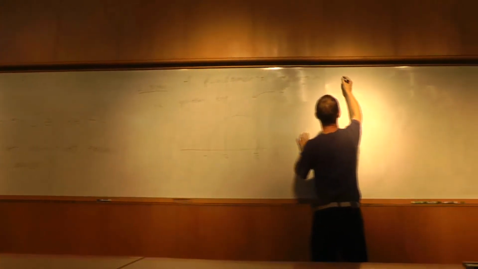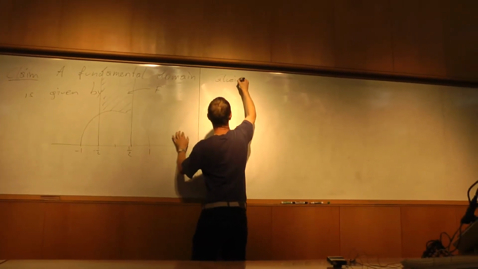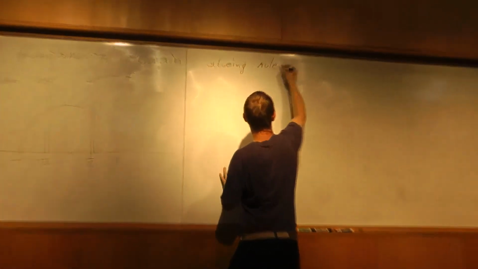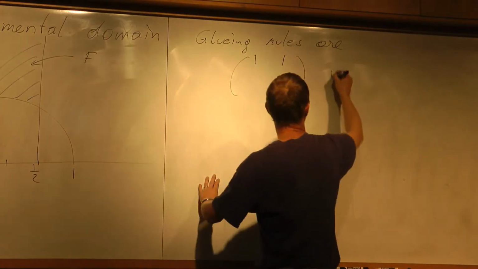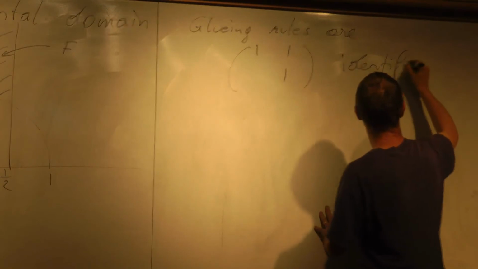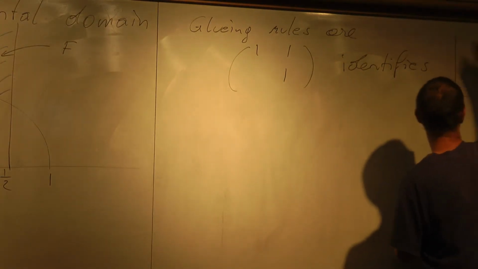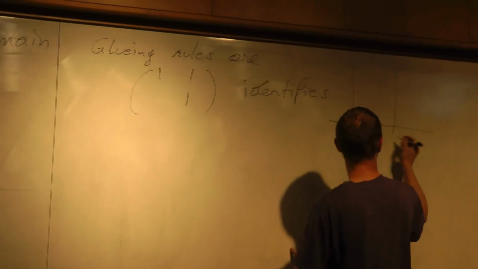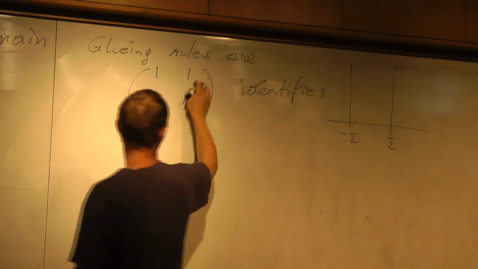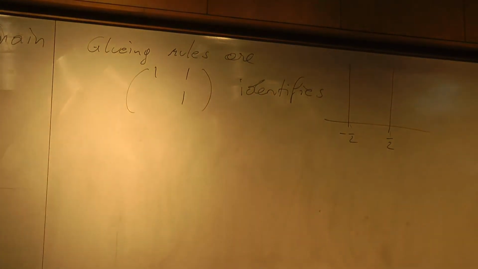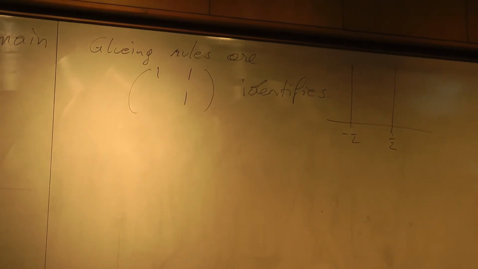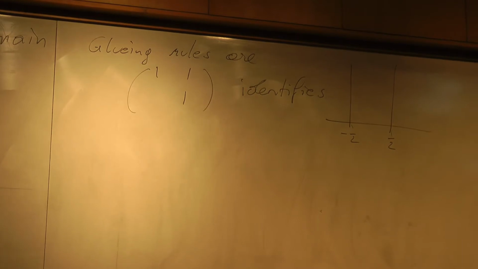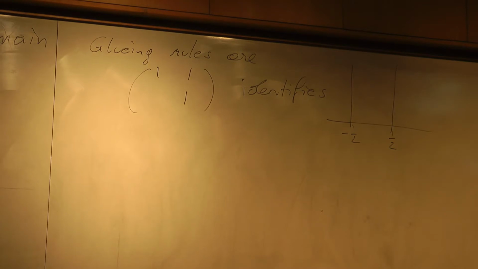So the gluing rules. The map [[1,1],[0,1]] is just the map z goes to z plus 1, it shifts the real axis by 1, it identifies this line with that line, so it glues that side of the triangle to that side of the triangle.